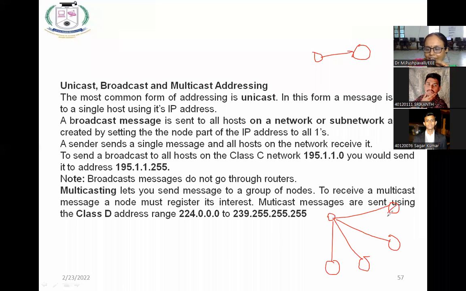Multicast means many are there, but it will be connected only with a group. Broadcast I told you is one to all, and this is one to many. That's it.